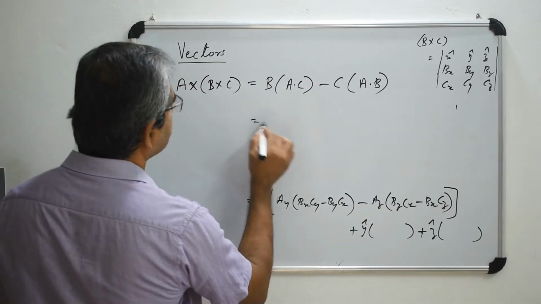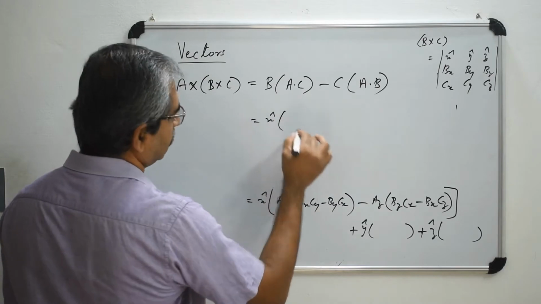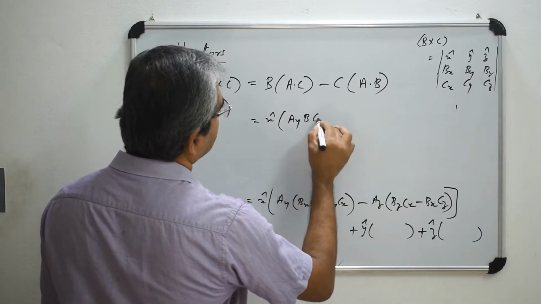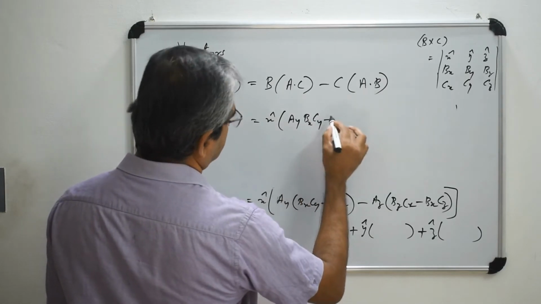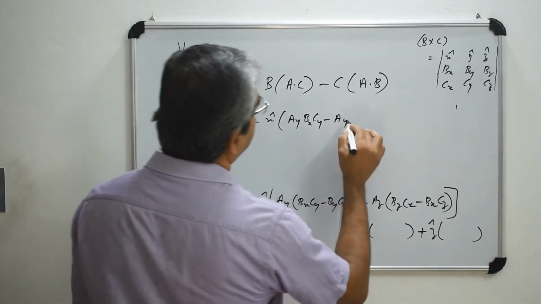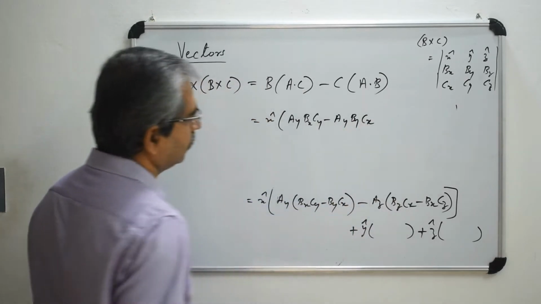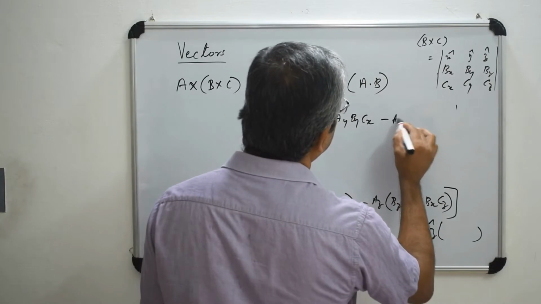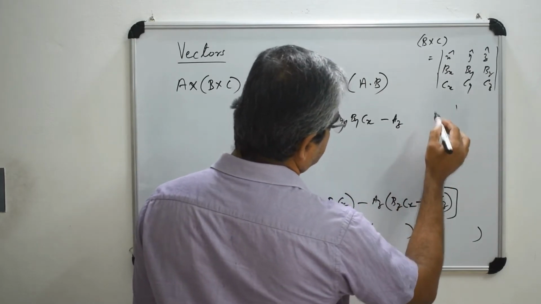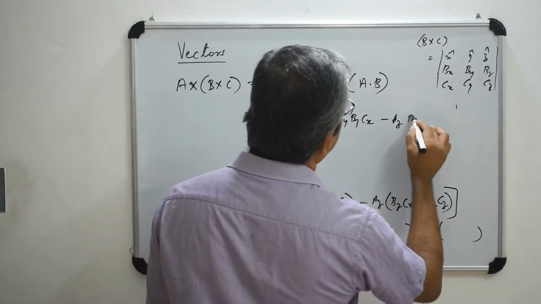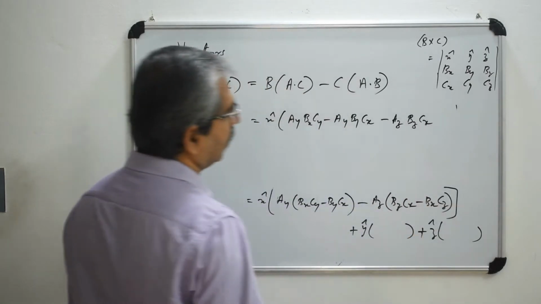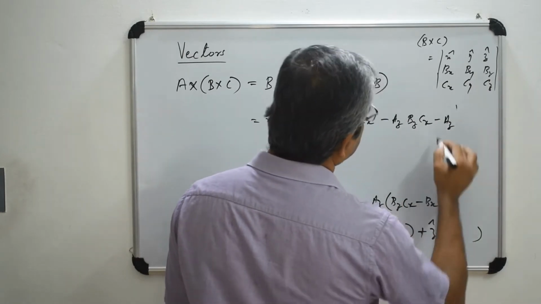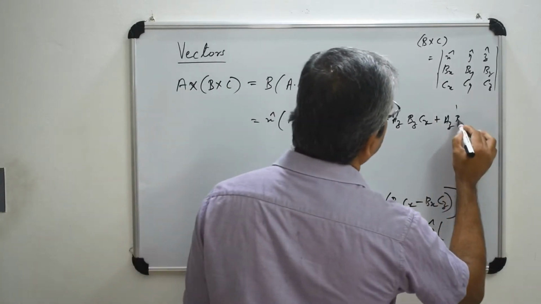So this is equal to, you write X cap into Ay Bx Cy minus Ay By Cx minus Az Bz Cx, isn't it? Plus Az Bx Cz.